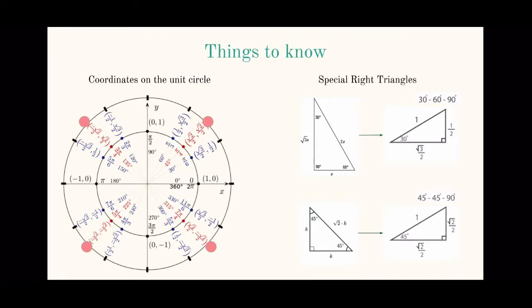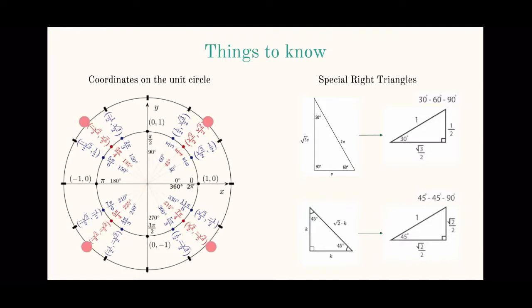So I'm going to give you a brief summary. Reference angles with pi over 6 always have rad 3 over 2 as the x-coordinate and 1/2 as the y-coordinate. But you have to remember that the positive or negative sign could change depending on which quadrant it lies in. And the same thing for reference angles with pi over 3.